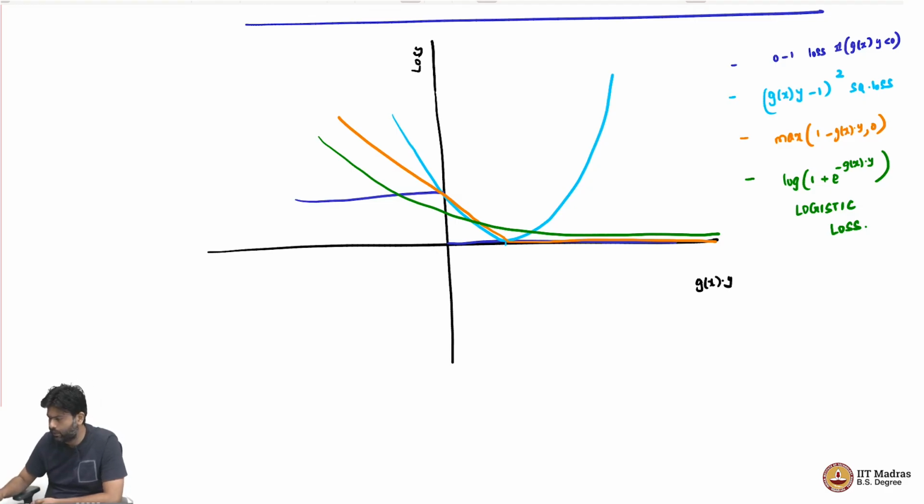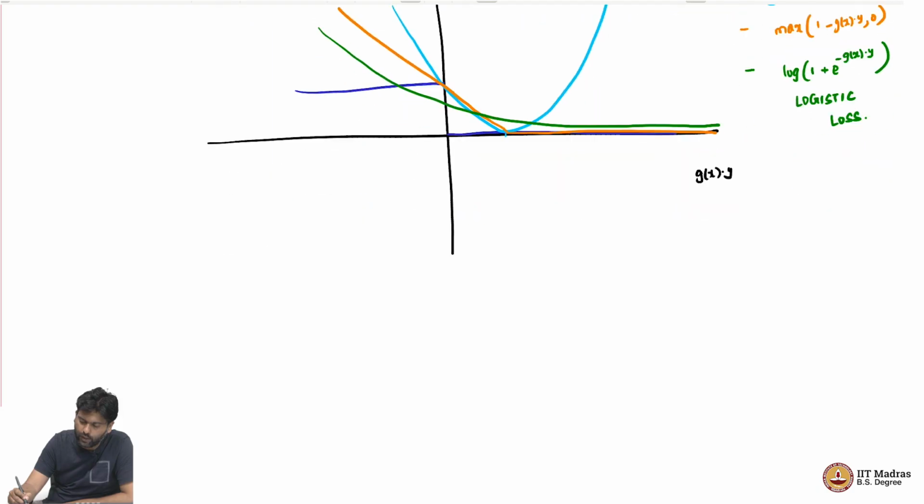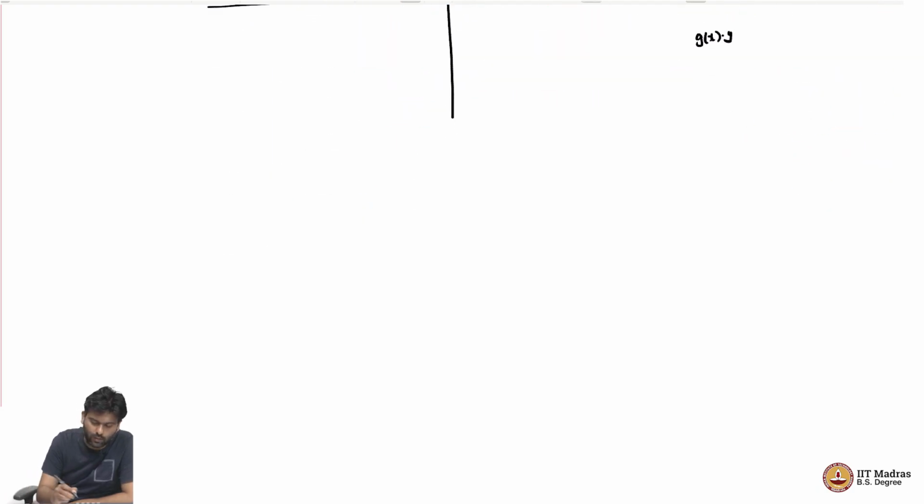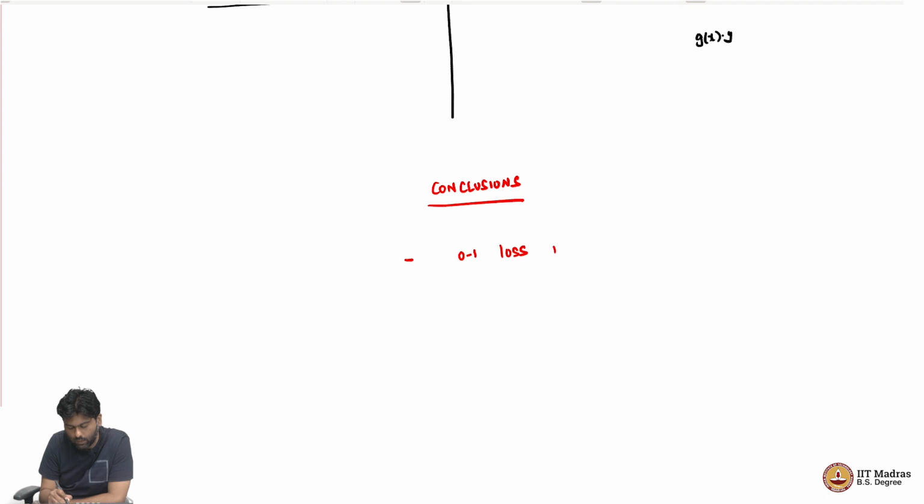So, the conclusions that we finally draw using this picture are as follows. First point, 0 1 loss is hard to minimize.